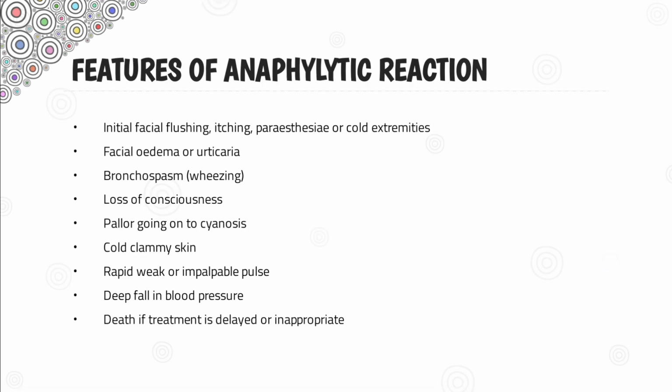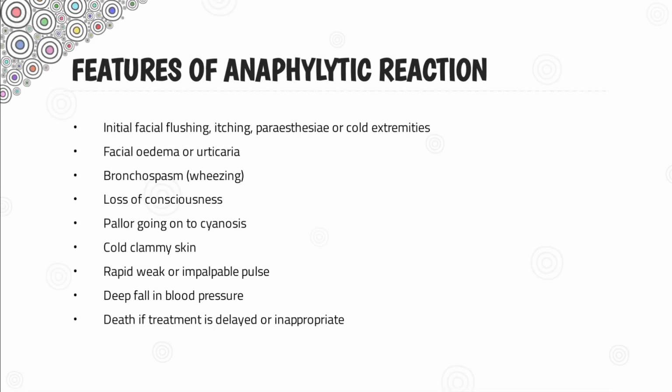Next is anaphylactic reaction. Anaphylactic reaction will have entirely different signs and symptoms. That will be facial flushing, itching, paresthesia, or cold extremities. Facial edema. If you see edema, flushing, or itching, consider anaphylactic reaction. Then there can be bronchospasm or wheezing, loss of consciousness, then pallor going on to cyanosis.